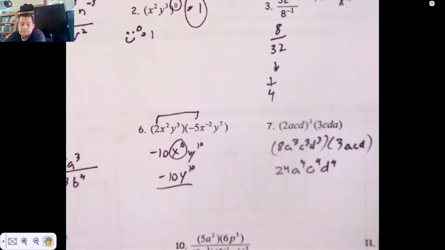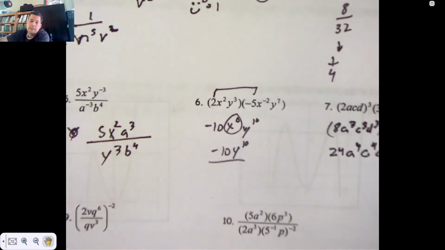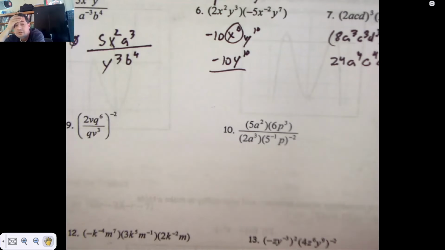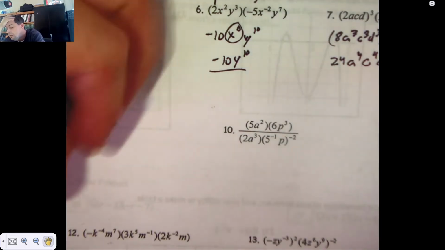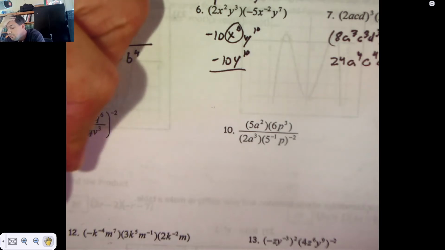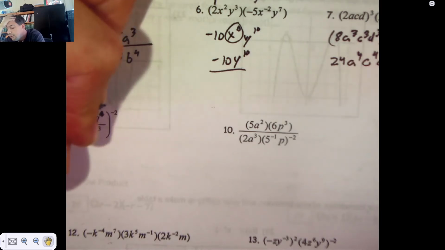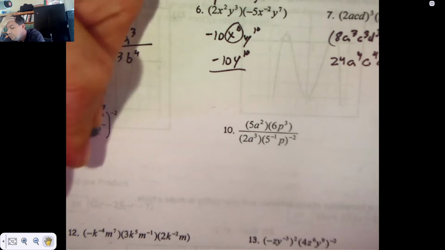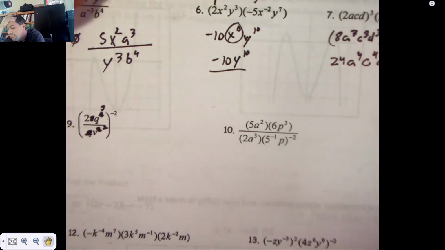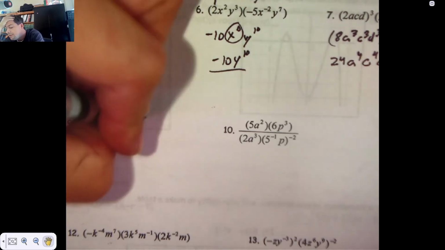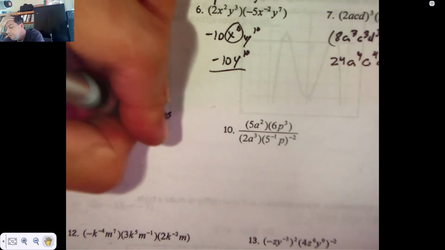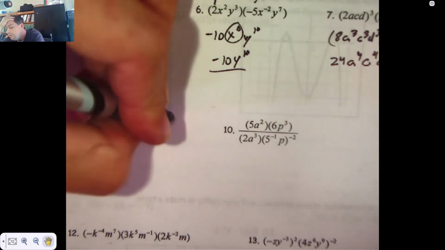9. Lots of ways of doing 9. I'd probably simplify what's on the interior first. So I've reduced the inside down to 2q to the fifth over v squared.